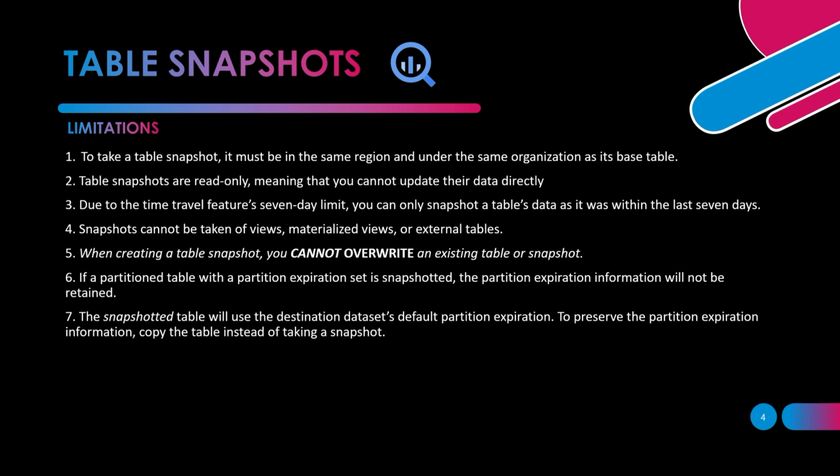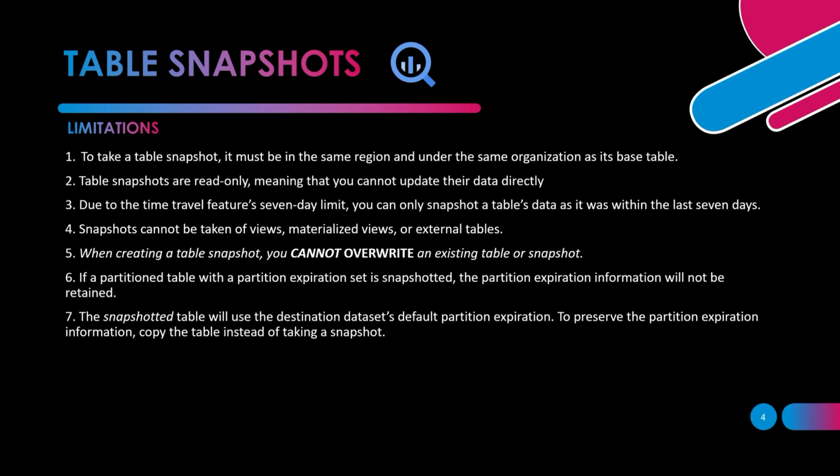Fifth point is that you cannot overwrite an existing snapshot. So the only way is to drop it and then recreate it, or create a table snapshot with a different name. The sixth point is that if a partitioned table with a partition expiration is snapshotted, the partition expiration information will not be retained.